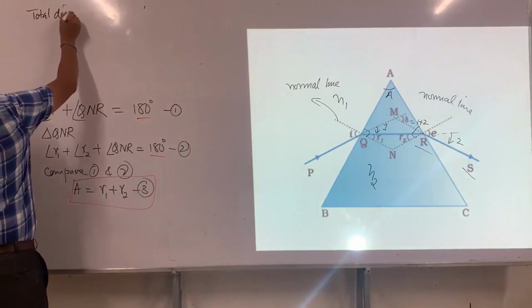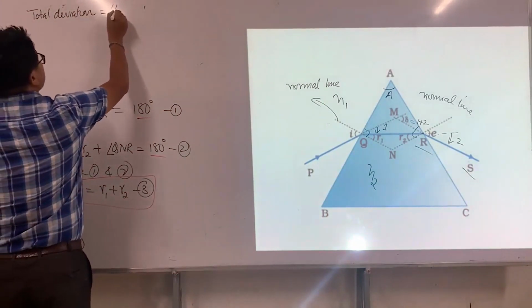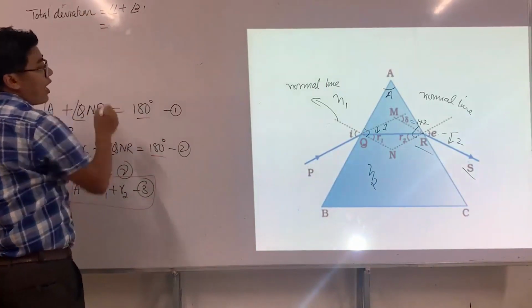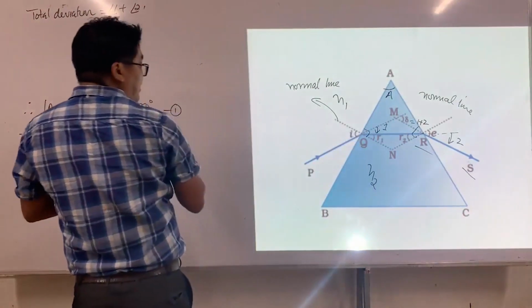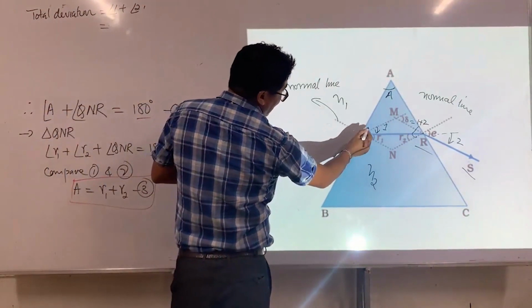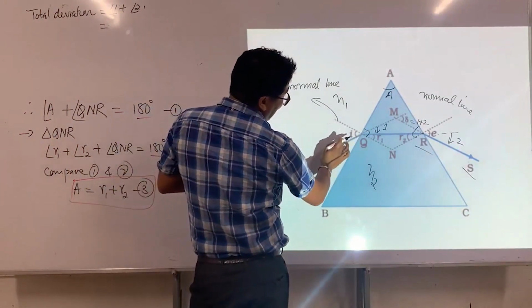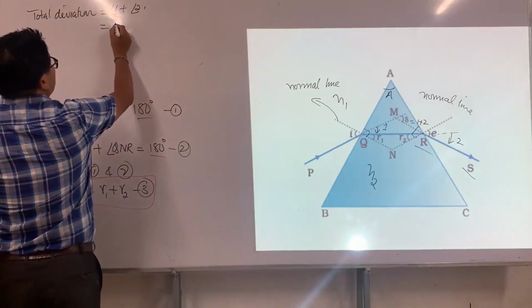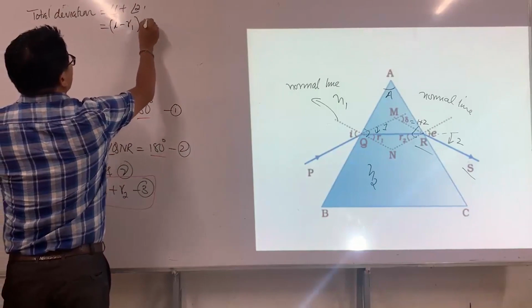How much is angle 1? Angle 1 is equal to I minus R1. Look here, this is I, the vertically opposite angle, and I minus R1 is angle 1.